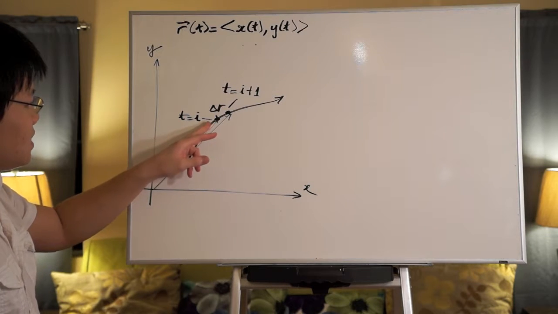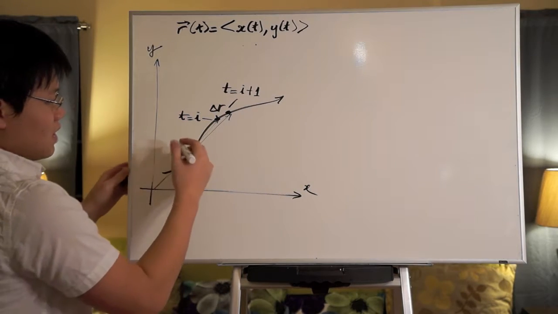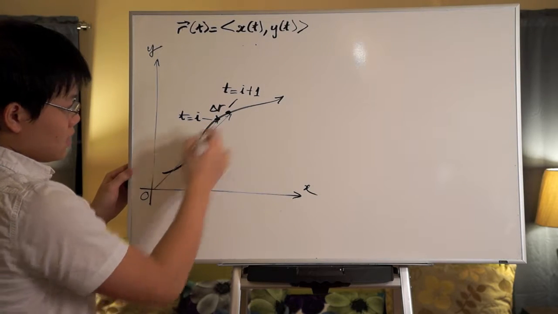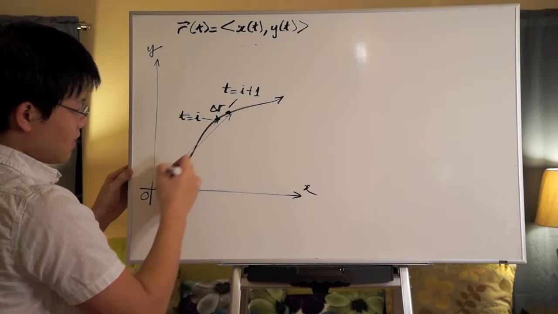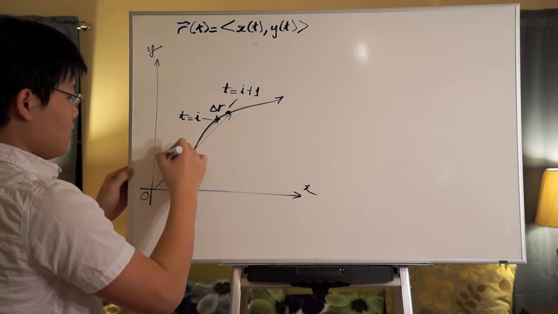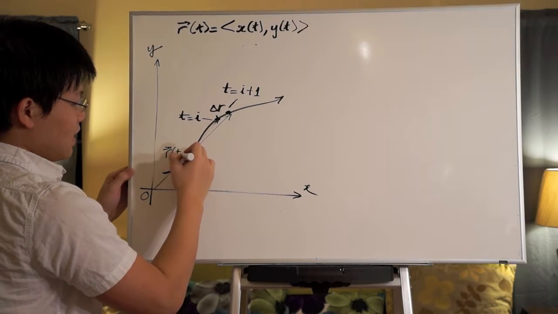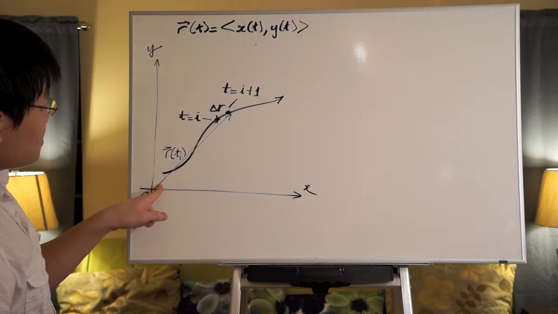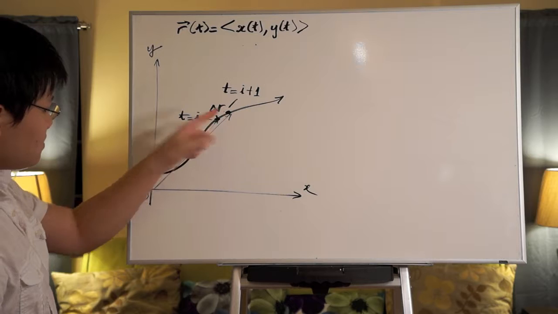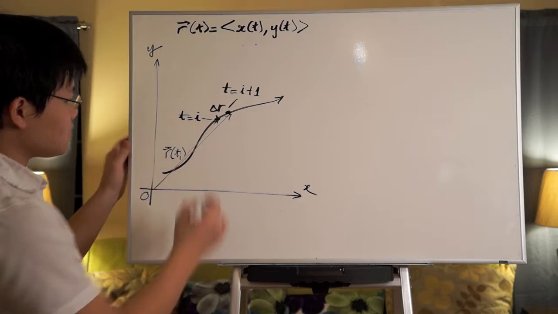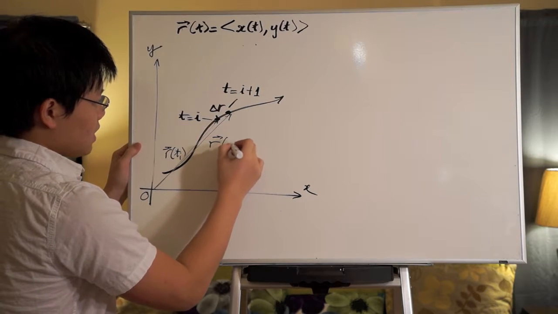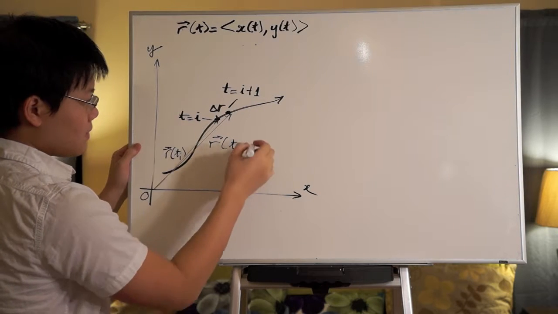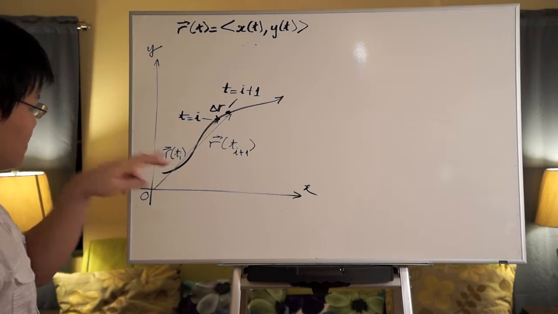At time t sub i, this vector right here from the origin describes a vector, which will be r(t sub i). And here at this particular time you have another vector that is r(t sub i+1). Okay, so you have two vectors right there.